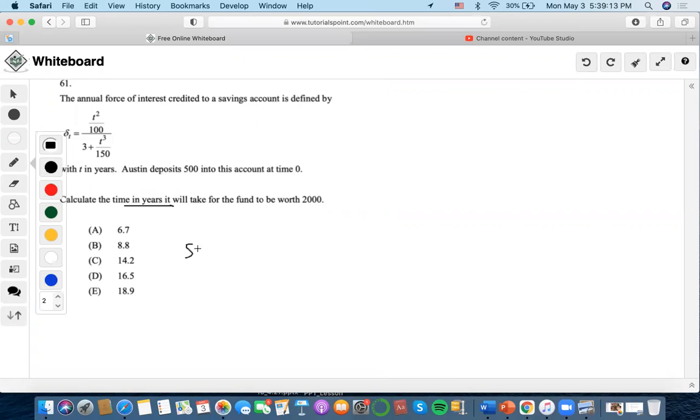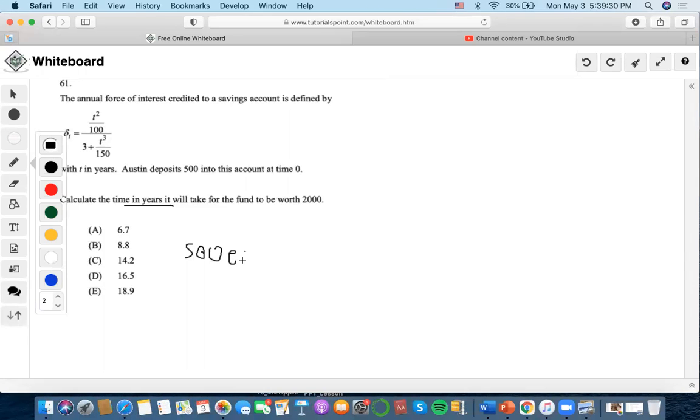Austin deposits 500 into his account at time 0, right? And obviously we need to find the integral with respect to the force of interest. So we always want to put the deposit in the equation first.